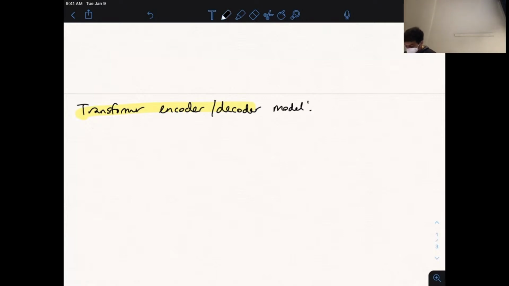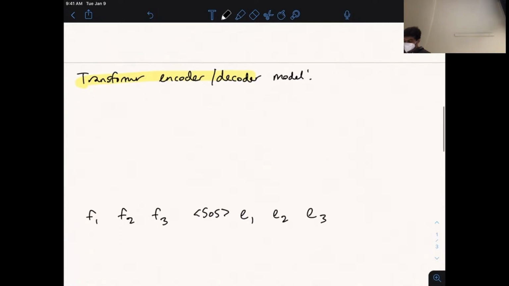So here there's some input in, say, some different language, or there's some context. Then you want to produce some text in a different language. So here, the encoder part you don't want to generate. So the French words you don't want to generate.